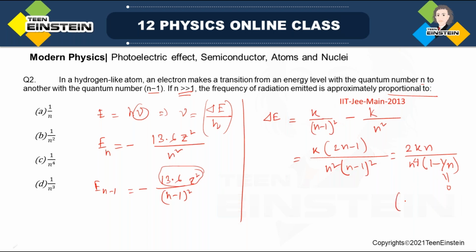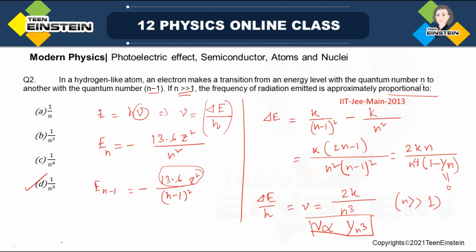So since n is much greater than 1, we can write delta E by h is equal to nu, which is nearly 2K by n cube. Now this is directly proportional to 1 over n cube. So look here, option D will be the correct answer in this question.